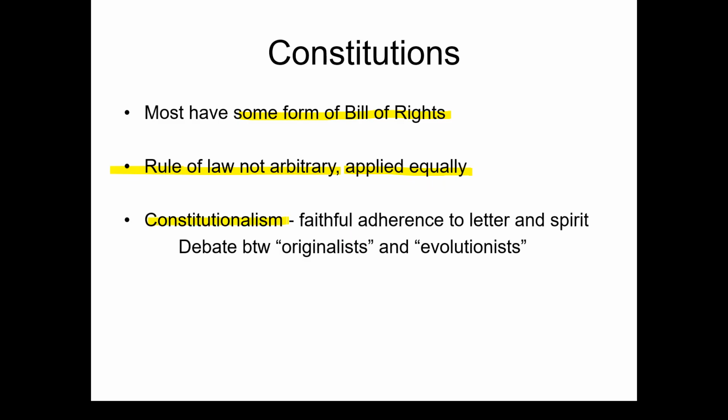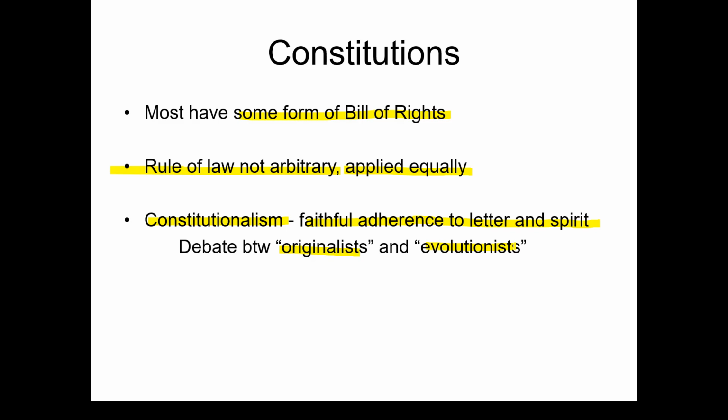This concept of constitutionalism gets a lot of debate: how faithfully do you want to adhere to what we think the original constitutionalists had in mind? This is also particularly along political lines, whereas the originalists might tend to be more towards the conservative side of politics, whereas the evolutionists may be more on the liberal side of politics.